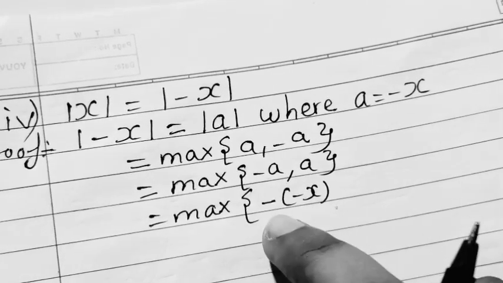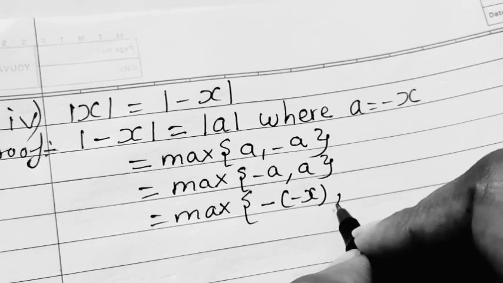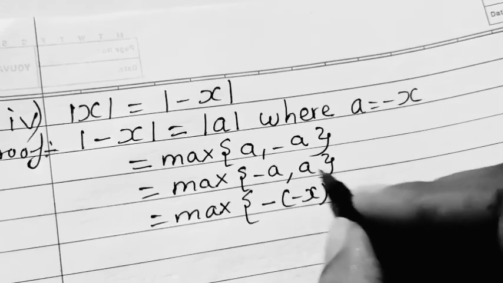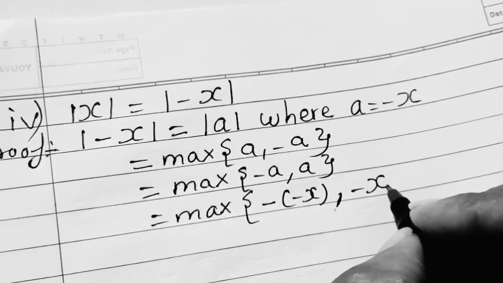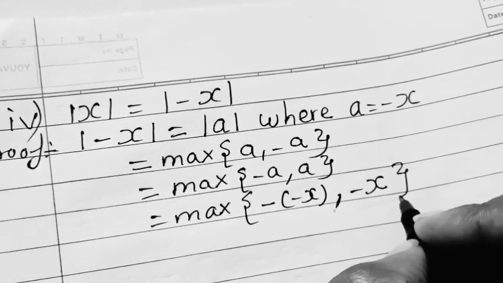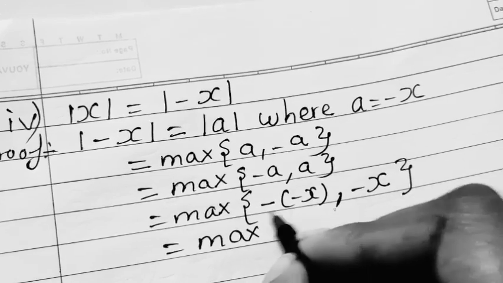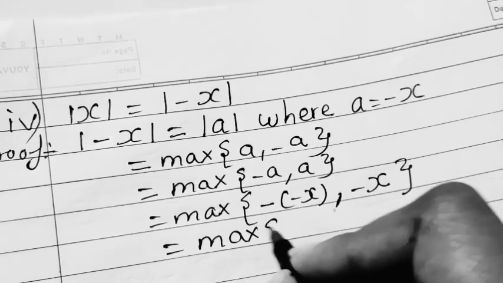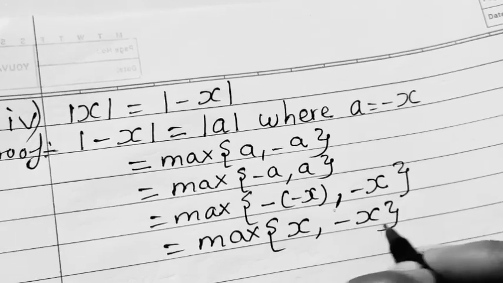The value of a is minus x, and in place of the second a you can put minus x, and then close the bracket. Now this is equal to the maximum of, now minus and minus will be positive x. So x comma minus x.